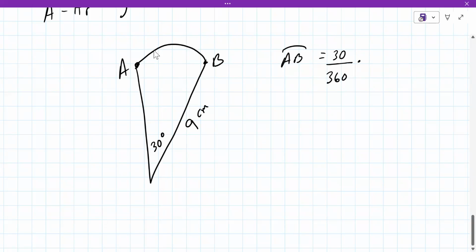You're walking along the edge. That's the circumference, the perimeter when you're walking along the edge. And then that's 2 pi 9.